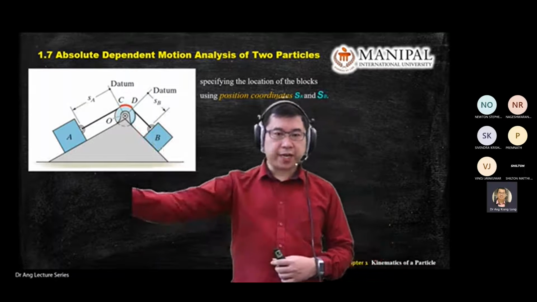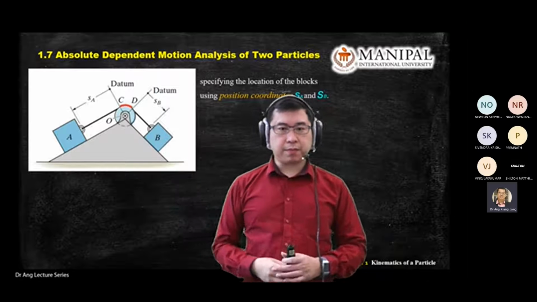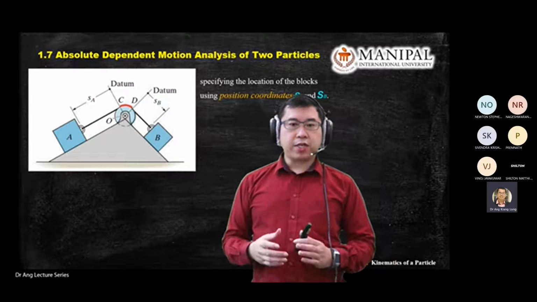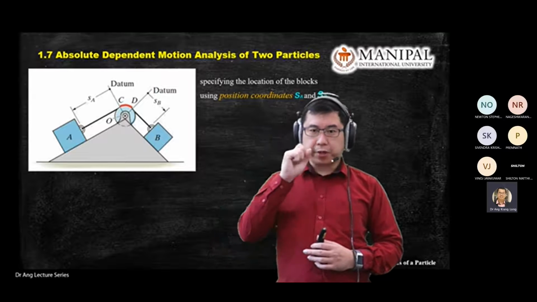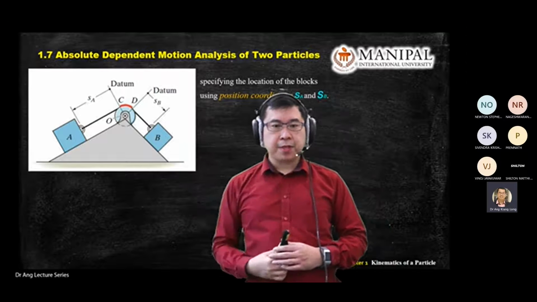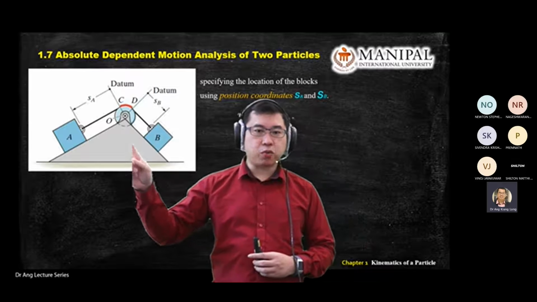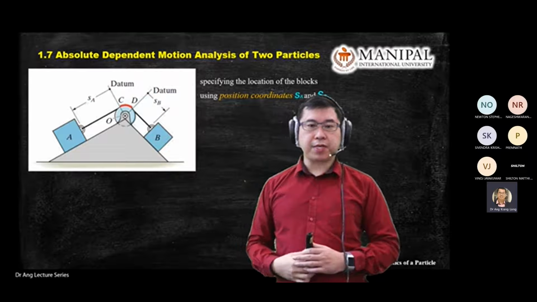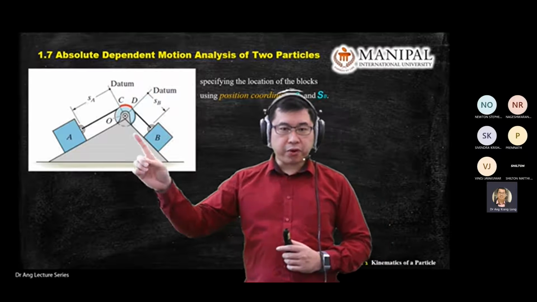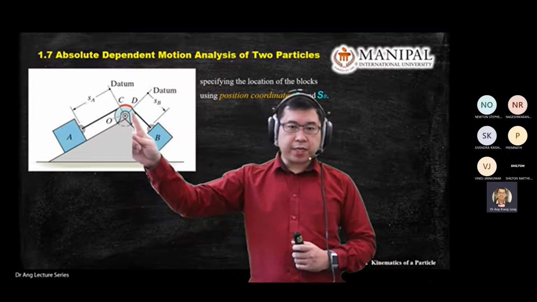We have object A, object B, and our coordinate system. We are interested in finding the position of that particular object. If you are referring to A, we use S sub A to represent the position of A from the datum.